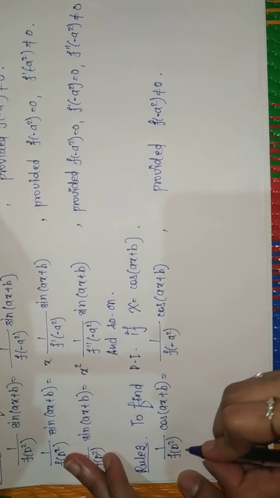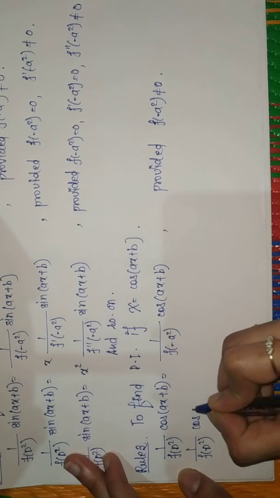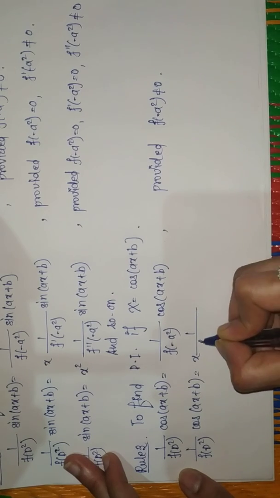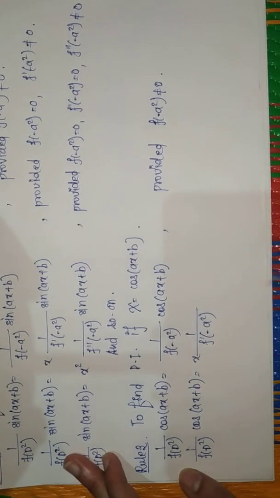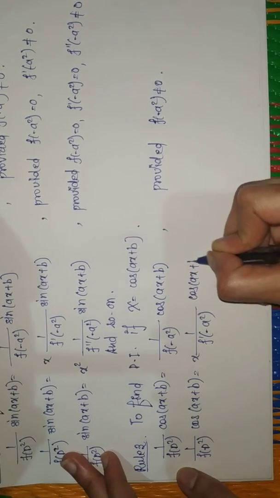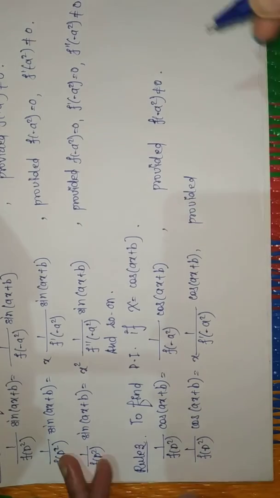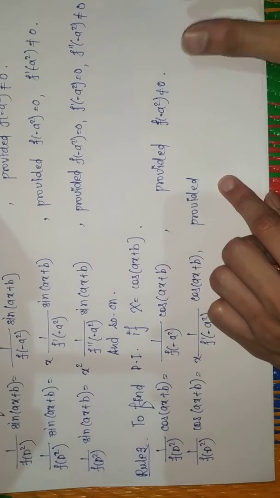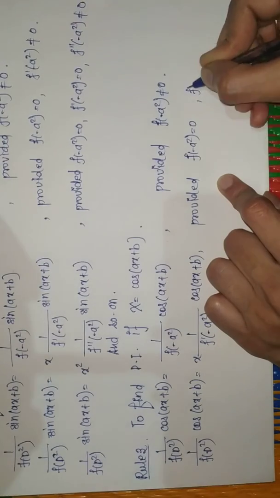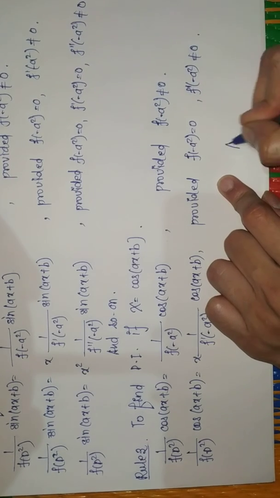On the similar line, if f of minus a square is equal to 0, then multiply by x into 1 upon f dash of minus a square cos of ax plus b, again provided f of minus a square is equal to 0 and f dash of minus a square is not equal to 0, and so on.